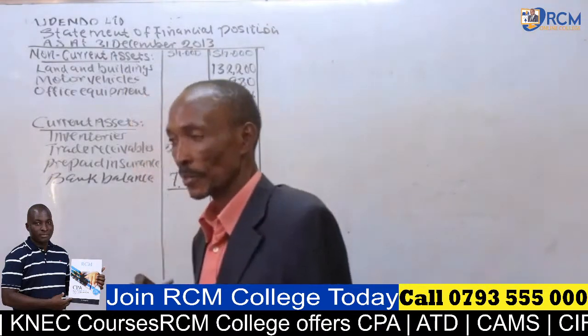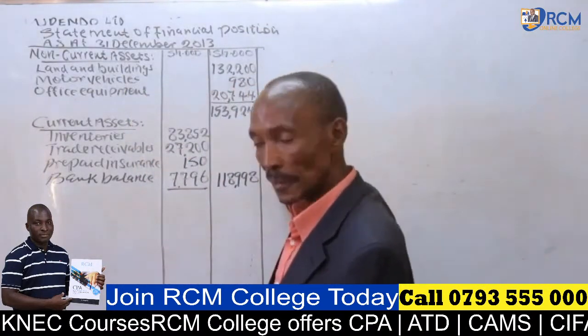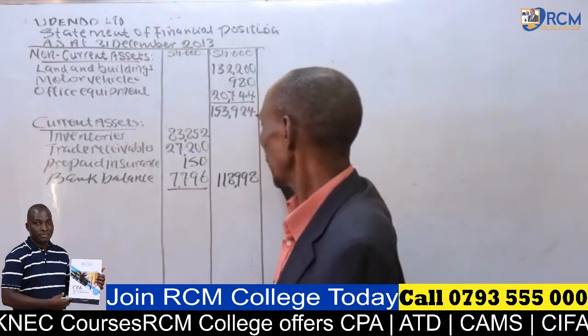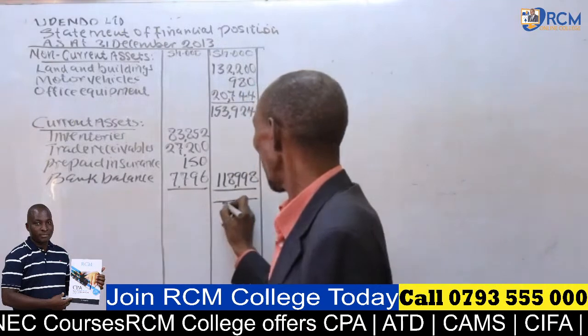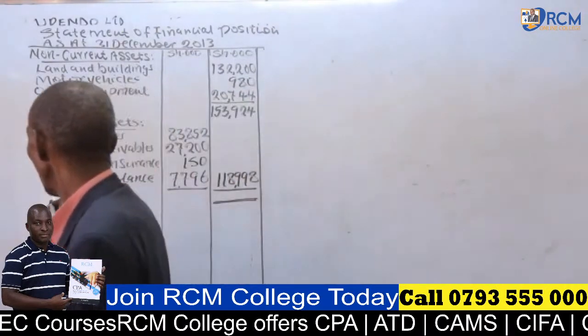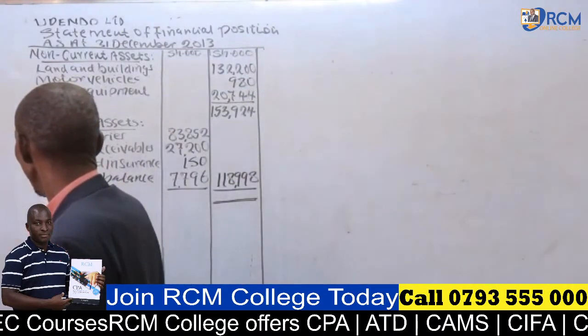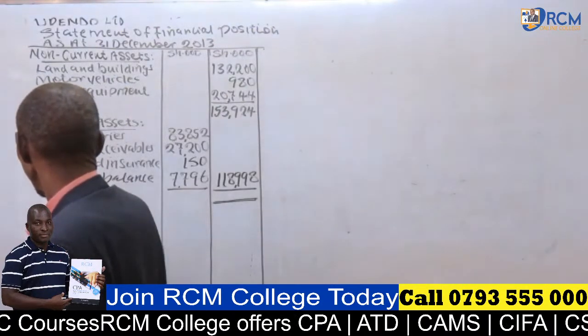Yes, those are the steps. First, get the sum of the non-current, come to the current assets, then come to the full assets, total assets. You even put a label here, total assets.